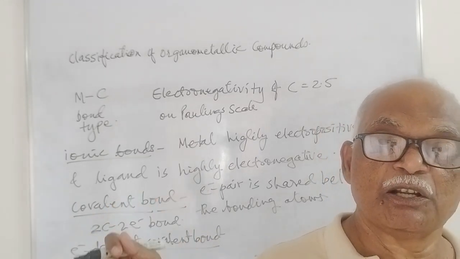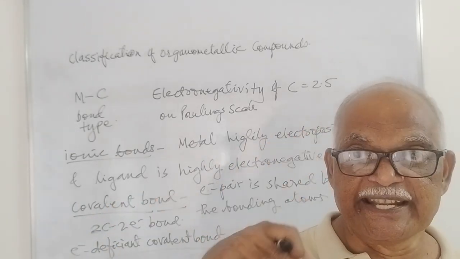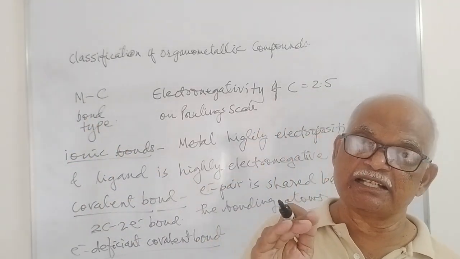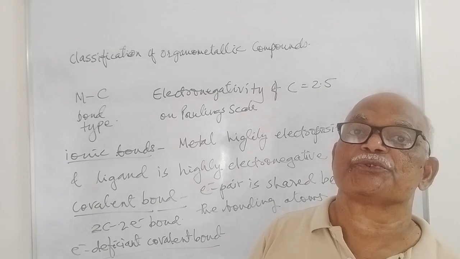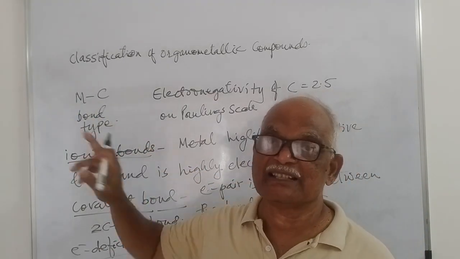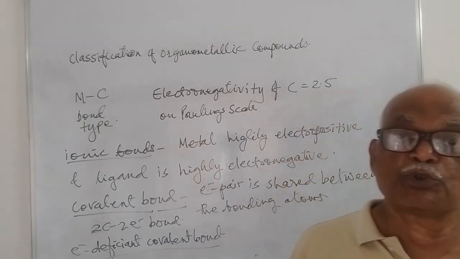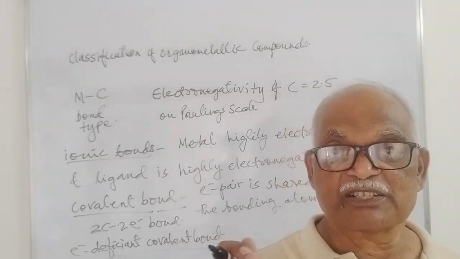The outer shell of the metal is not completed because the metal has less than half of the valence shell electrons, so the metal cannot complete its octet.